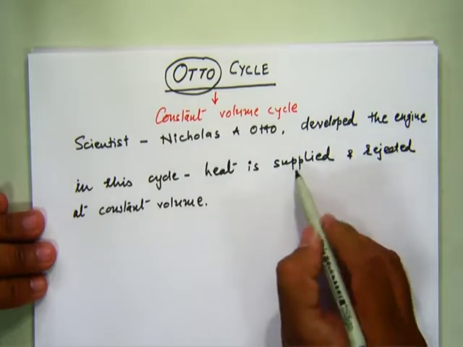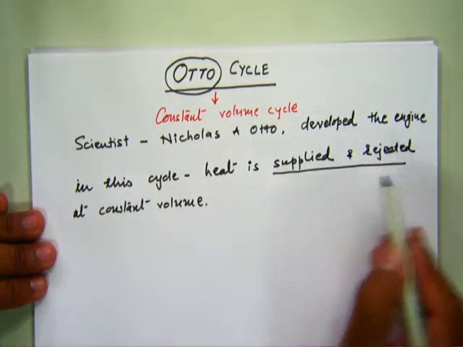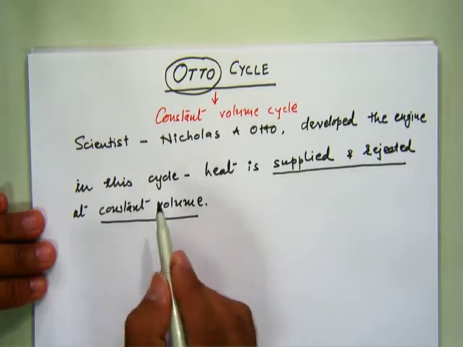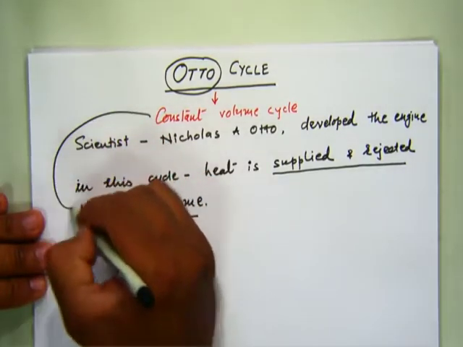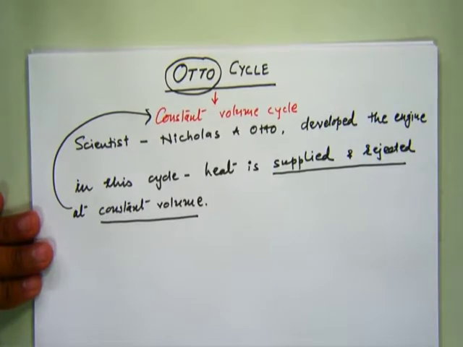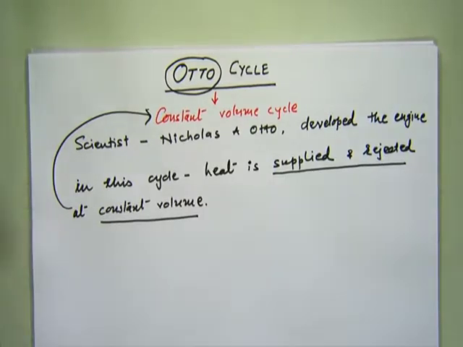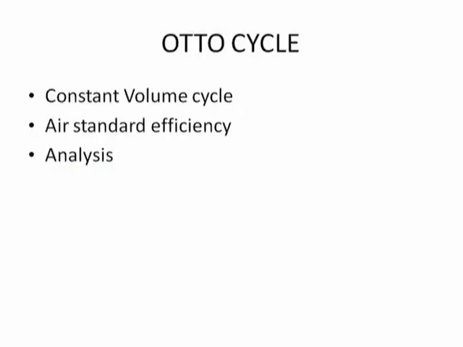Heat is supplied and rejected at constant volume. Hence, it is called constant volume cycle. We are interested here in this Otto cycle. We'll see it is a constant volume cycle. We will see the air standard efficiency and we will carry out the analysis of this cycle. Let us first see what is air standard efficiency.